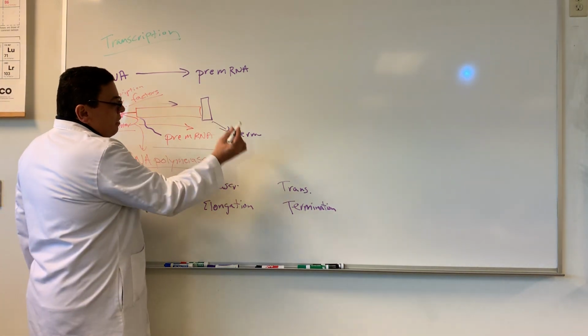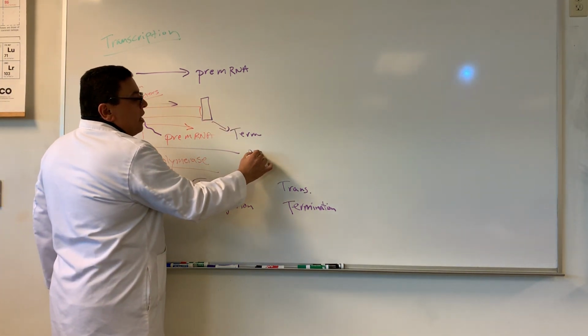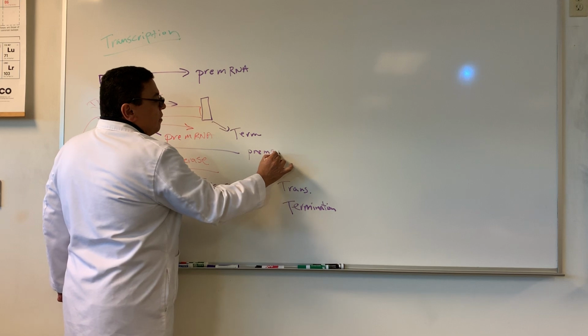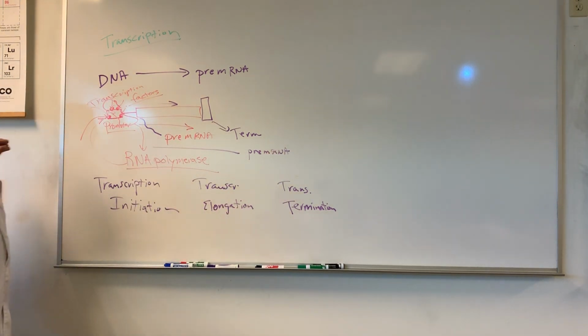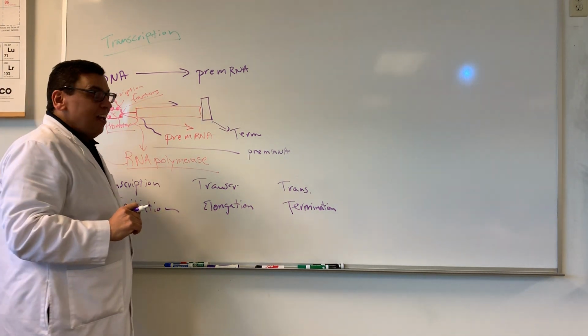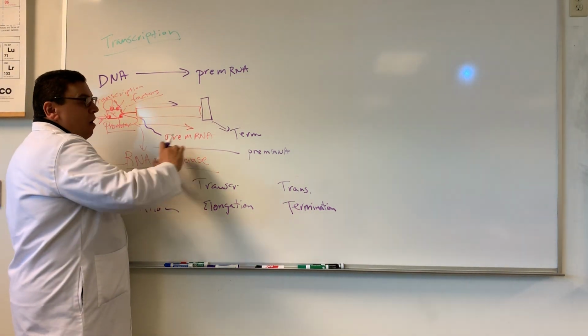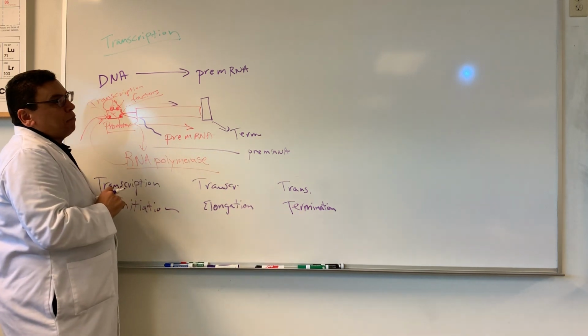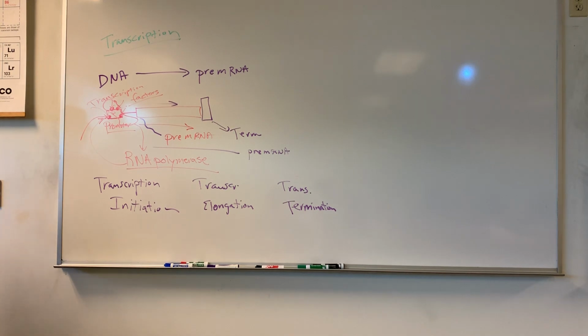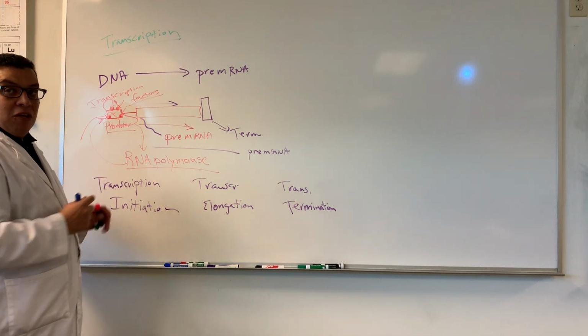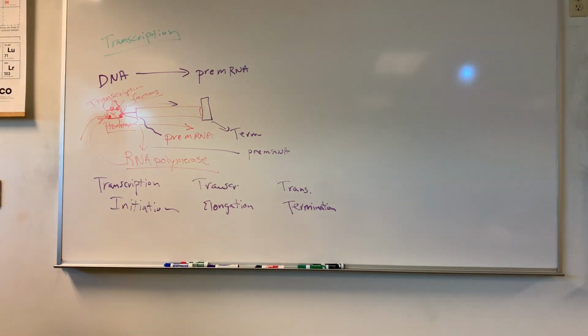But by then, you'll have your pre-mRNA made. By the time the RNA polymerase reaches the terminator sequence, which is a sequence at the end of your gene, the RNA has already been made in the form of pre-mRNA. That's transcription in eukaryotic cells.